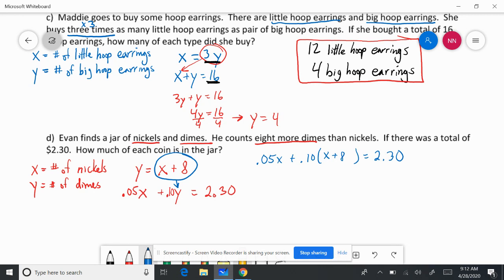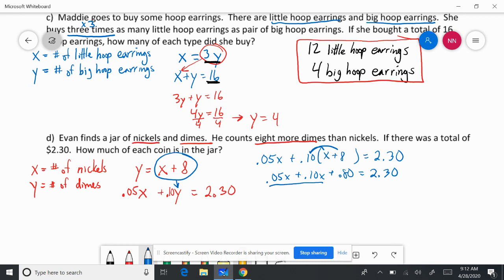Next thing that we're going to do is we're going to times it by 0.1. So that gives us 0.05x plus 0.10x plus 0.80. And that's equal to $2.30.